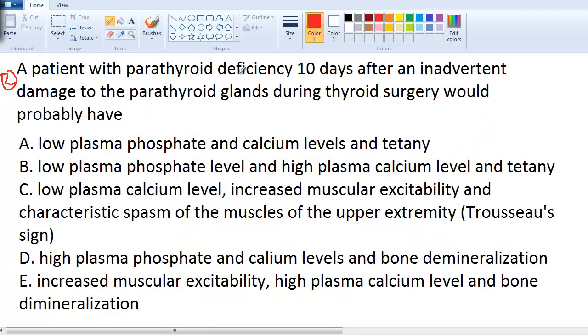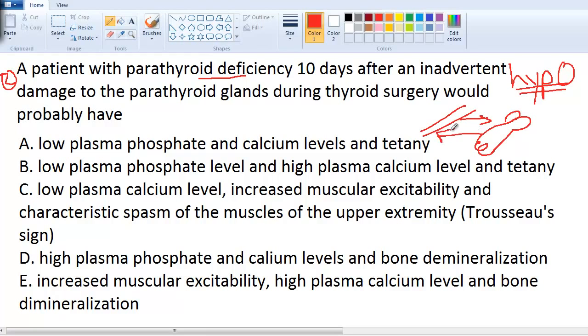Alright, question number 2. A patient with a parathyroid deficiency. Okay, deficiency. So now we're thinking high what? Hypo, deficient. Alright, so that's basically what we need here, this hypoparathyroidism. So again, draw your bone here, draw the blood, draw your arrows.